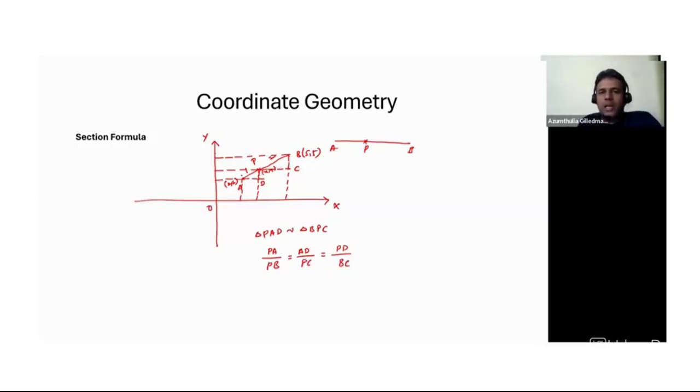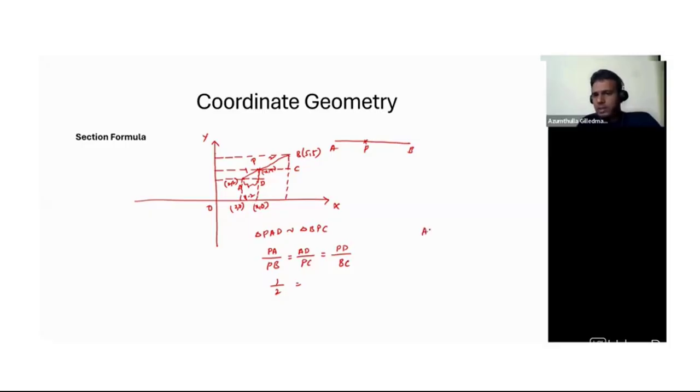PA by PB we know, which is 1 by 2. That equals AD by PC. AD, this distance we need to know. This distance is 2 units, which we know, and this distance is x units. So can I say this is x minus 2? AD equals OD minus OA.